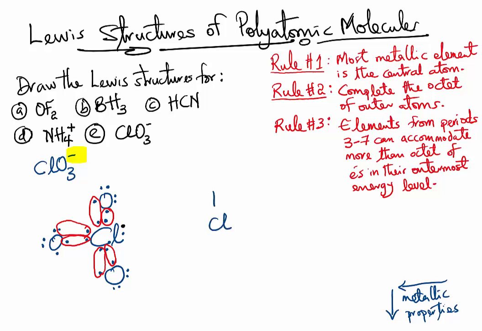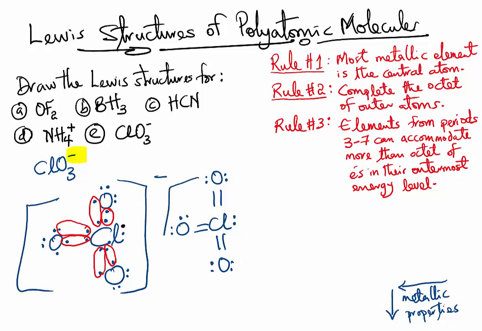Each oxygen is sharing 4 electrons with the chlorine, and each oxygen has 2 lone pairs of electrons that are not being shared. And chlorine itself has a lone pair. To indicate that we added an extra electron, we should place a negative charge.